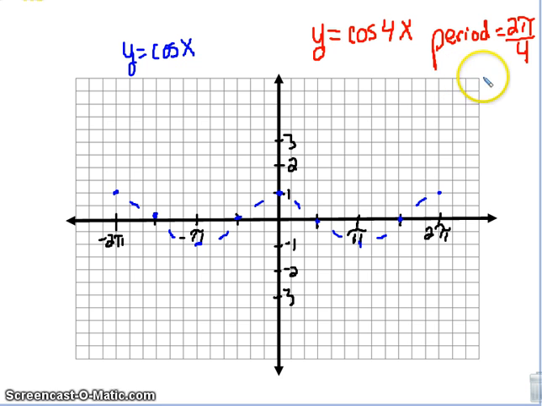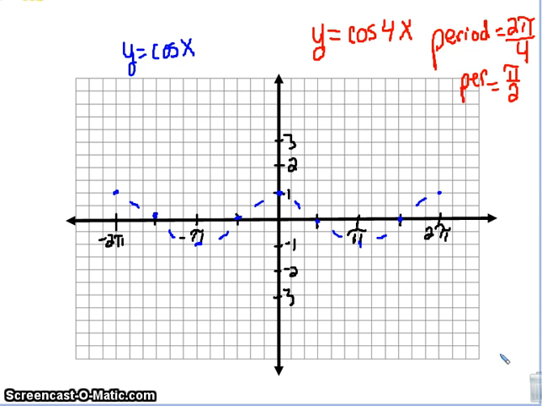And 2 over 4 just simplifies into pi over 2, right? So what does that mean? How many complete cycles? 4. I have to complete one entire cosine between 0 and pi over 2.